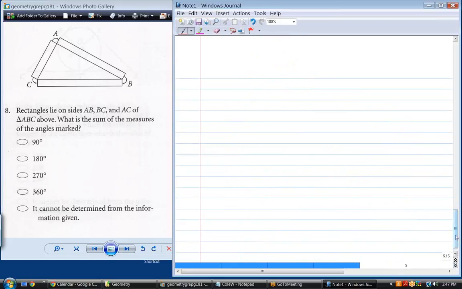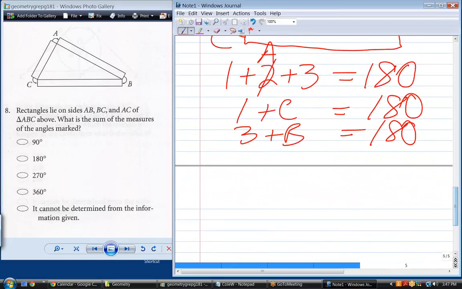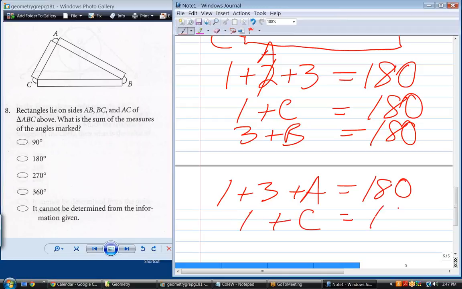Now, can we do anything with that information? No. They're all equal to 180. So I can say 1 plus 3 plus A equals 180. And I can say 1 plus C equals 180. And I can say 3 plus B equals 180.